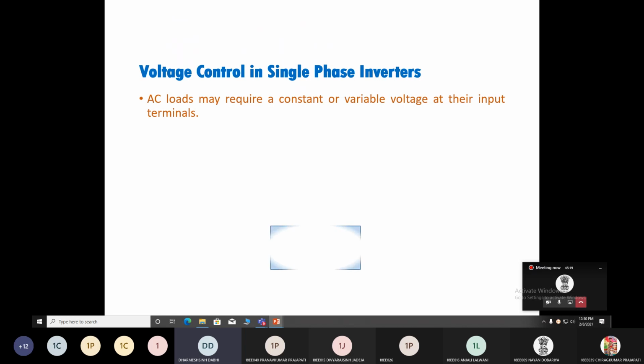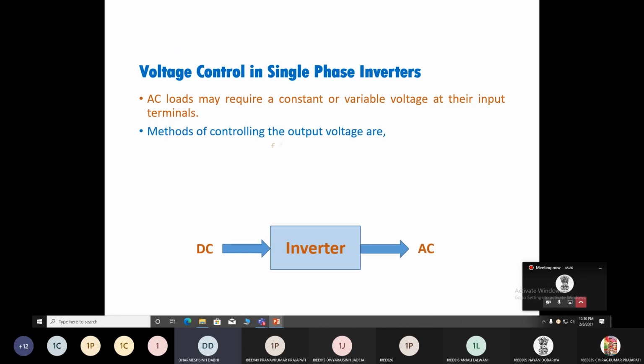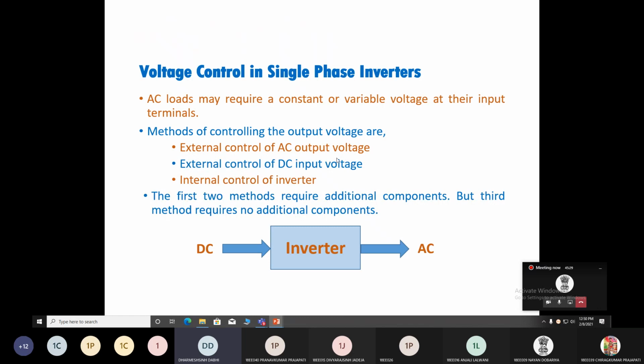Before that we discussed the 2 conventional methods, which we generally do not use to control the output voltage: external control of AC voltage and external control of DC voltage. By these 2 techniques you can also control the output voltage, but do not go for this because it is not economically viable for practical circuits. It is costly as compared to the third method, which is the internal control of the inverter.